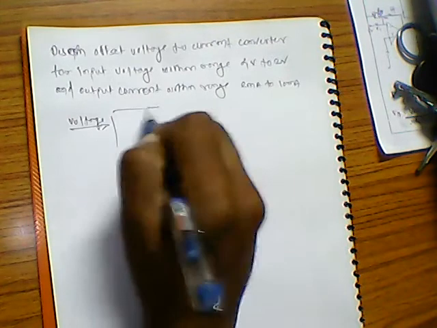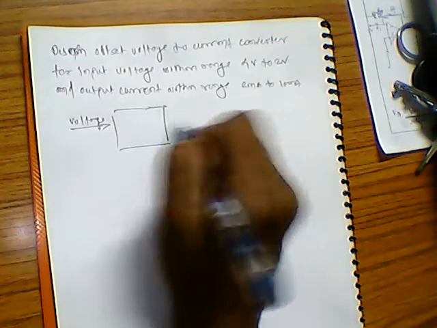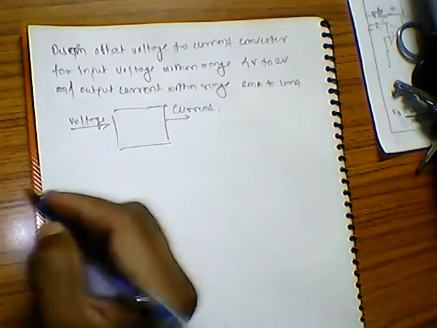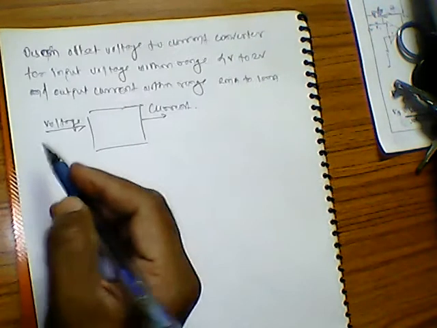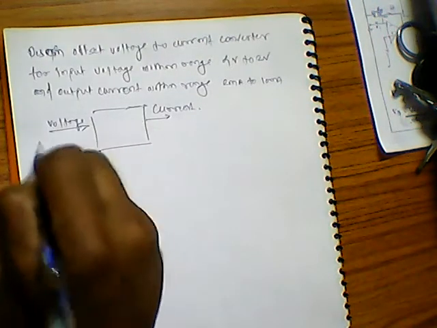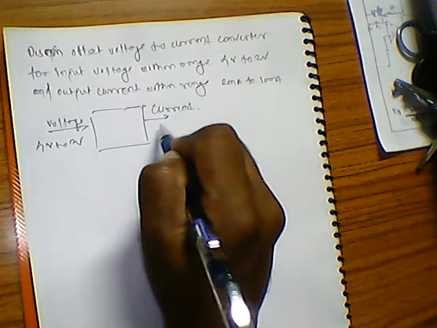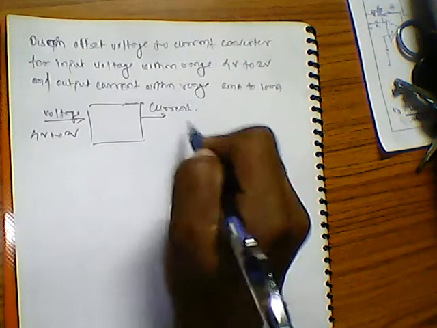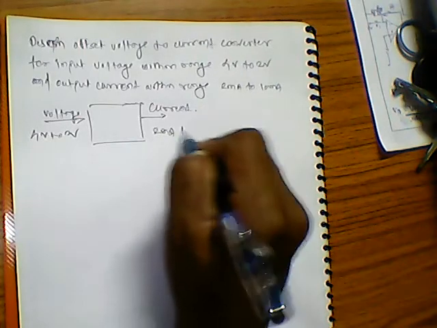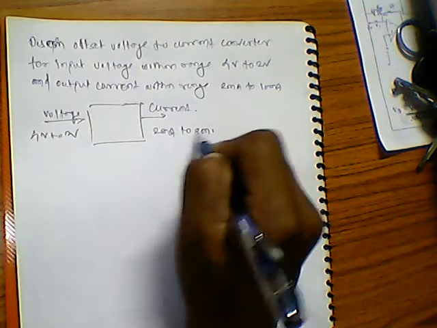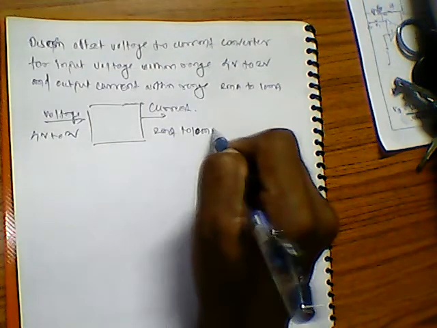and expected output is current. For given input voltage, that is 4 volt to 2 volt, we are expecting the output current, that is 2 milliamps to 10 milliamps.